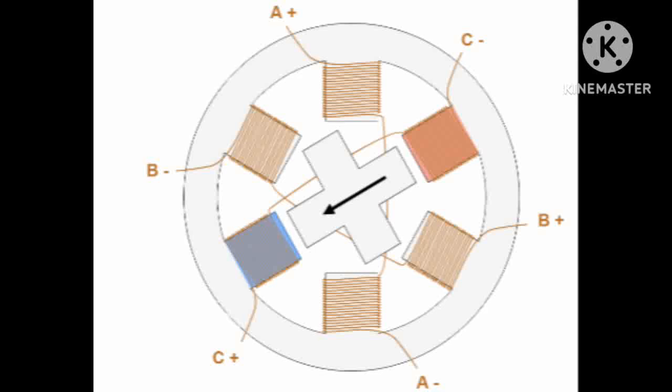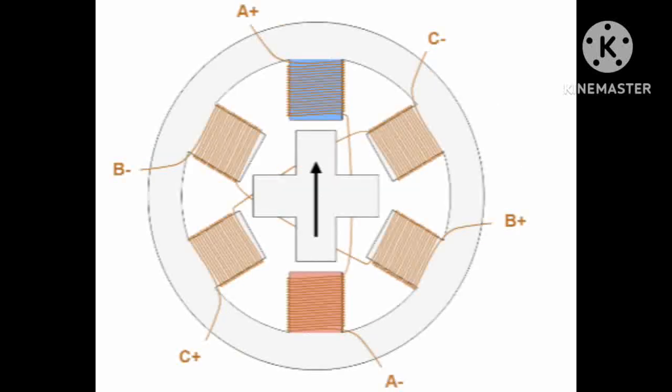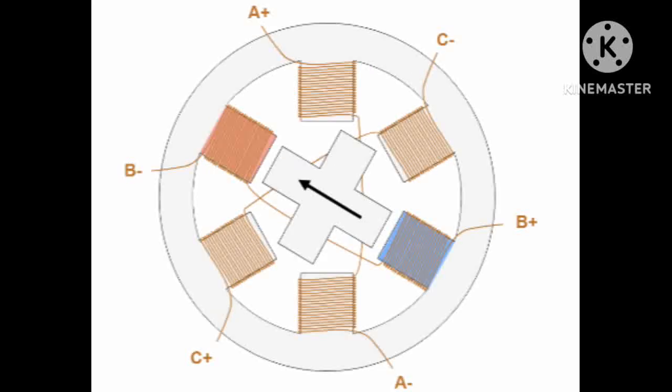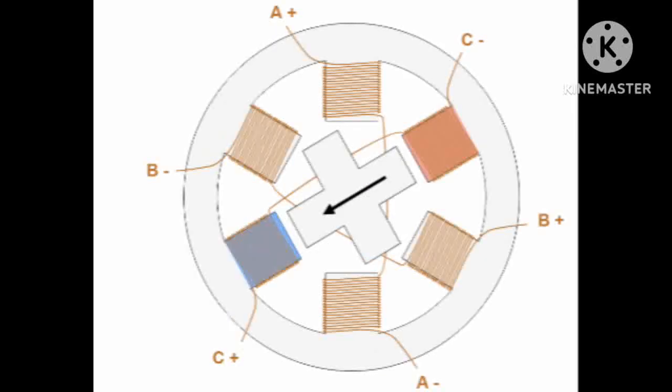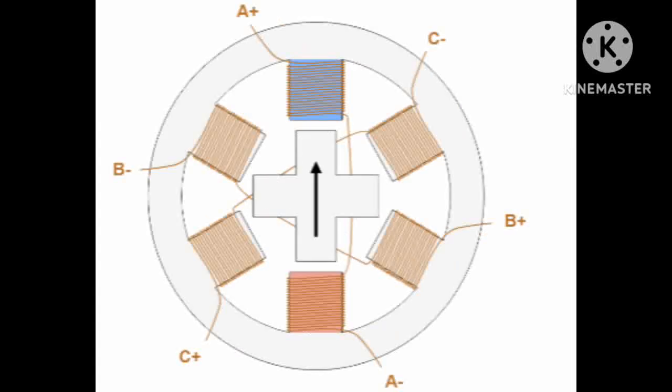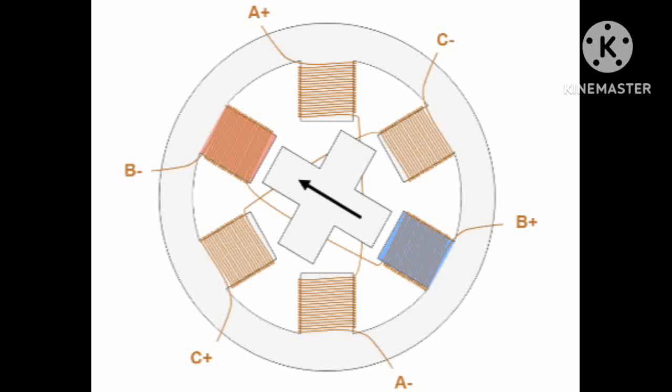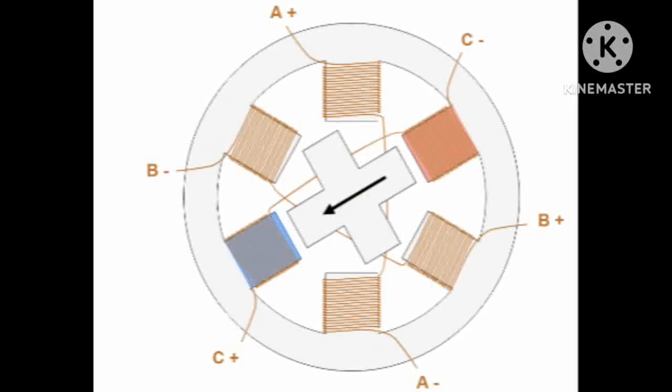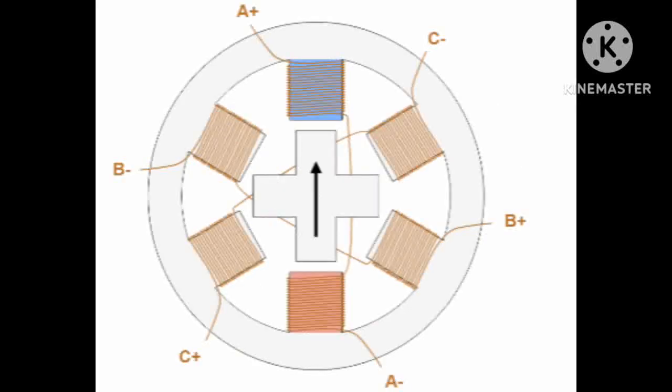Due to this torque, the rotor will start rotating in the counterclockwise direction, that means the anti-clockwise direction. After some time the rotor reaches a new position and doesn't move further. That means it is totally locked. After locking, the stator and rotor pole axes are parallel to each other on the same line, in phase with each other.